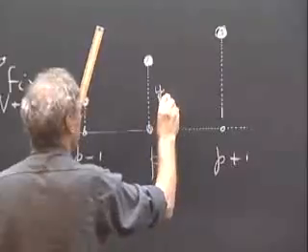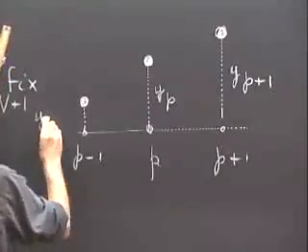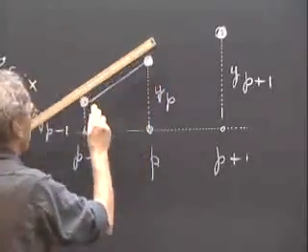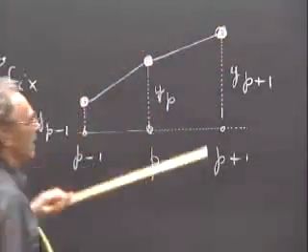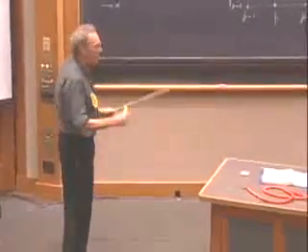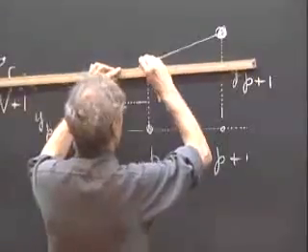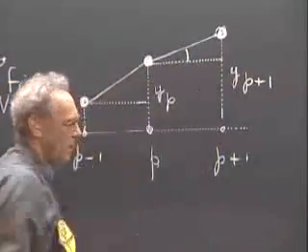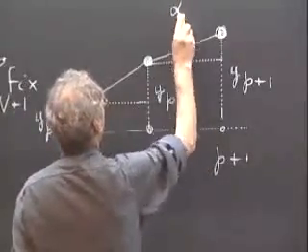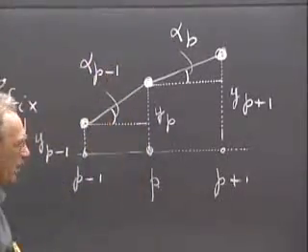So this vertical displacement is y_P, this is y_{P+1}, and this then is y_{P-1}. But the strings are just attached like this. And so the fact that the strings get longer, we will ignore because they're small amplitudes. And so the tension will not change. We draw this line. I will call this angle alpha_P, and I will call this angle alpha_{P-1}.